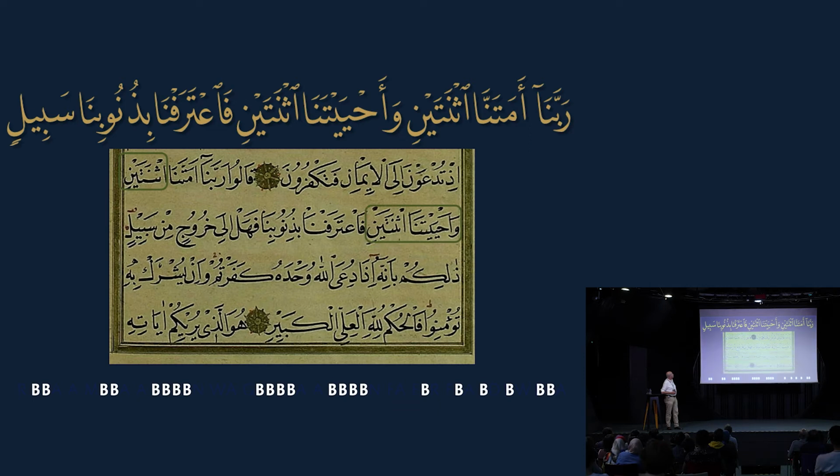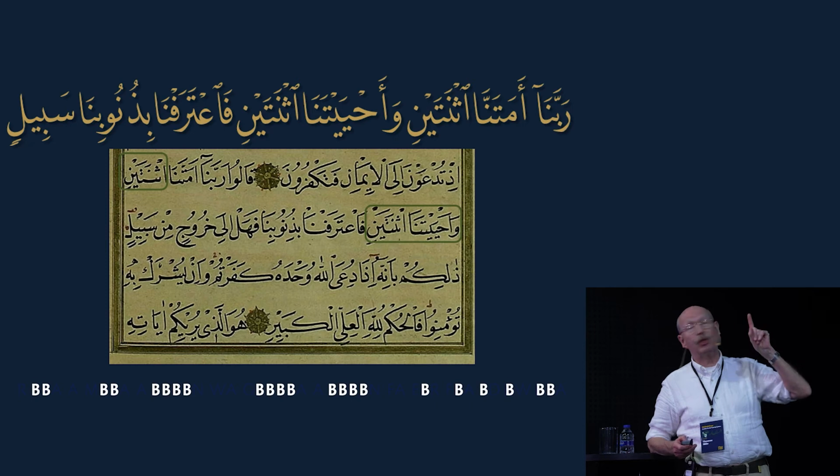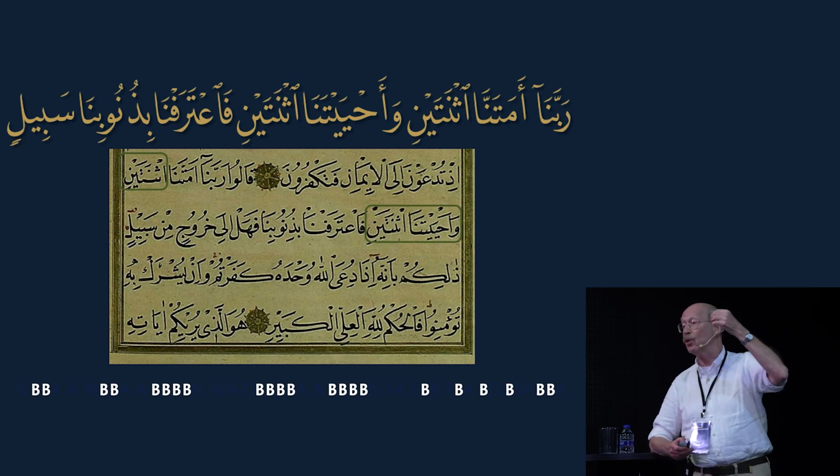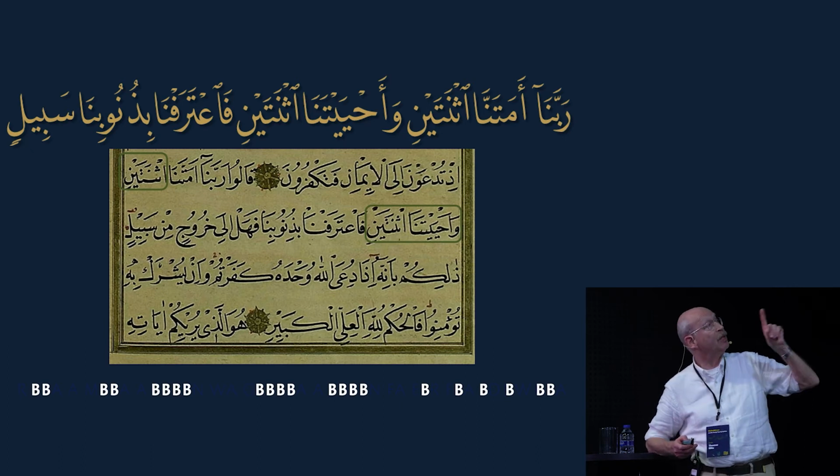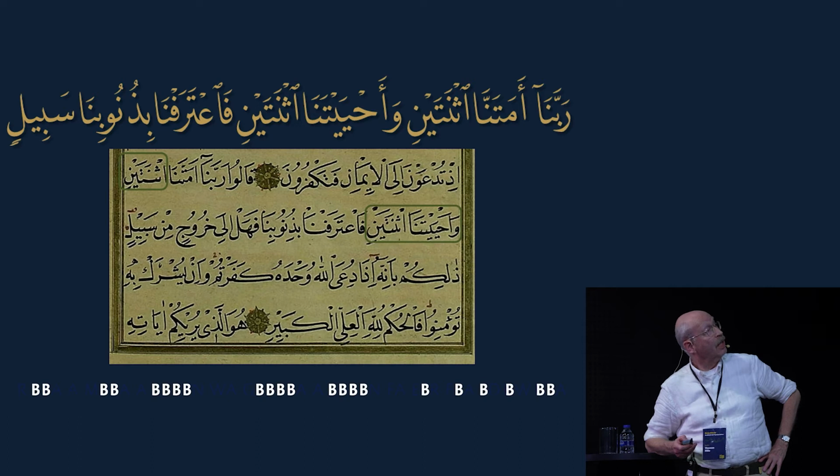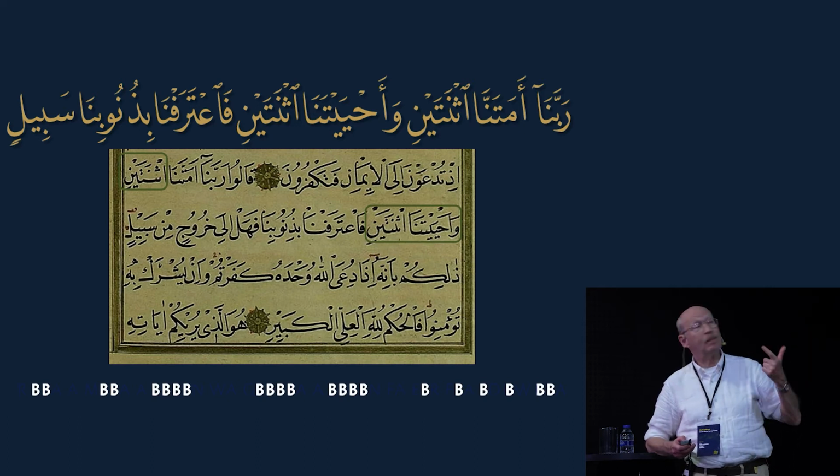I zoom in on, again, 3 words, of which one reoccurs twice. Because the word 2 times: you caused us to die 2 times, you brought us back to life 2 times, which is thnatain. So you see here's thnatain, and then ahyaitana thnatain, you brought us back to life twice.